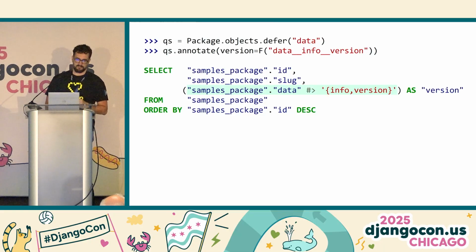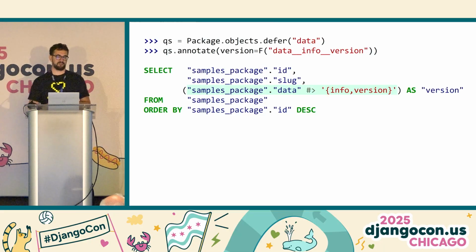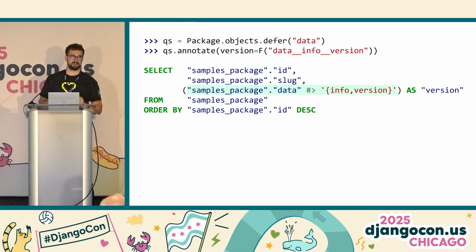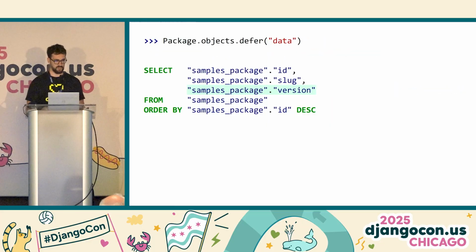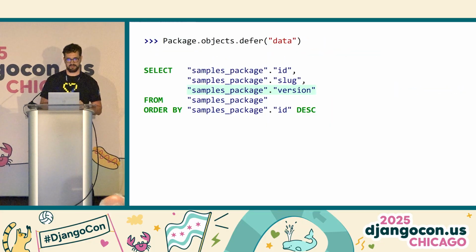So we can do something slightly different. We can defer the data column, which can be heavy to retrieve, and we can annotate it with the same expression we use in the generated field in this way. Or, as we've shown, we can simply get the newly created generated field version, deferring the data column.